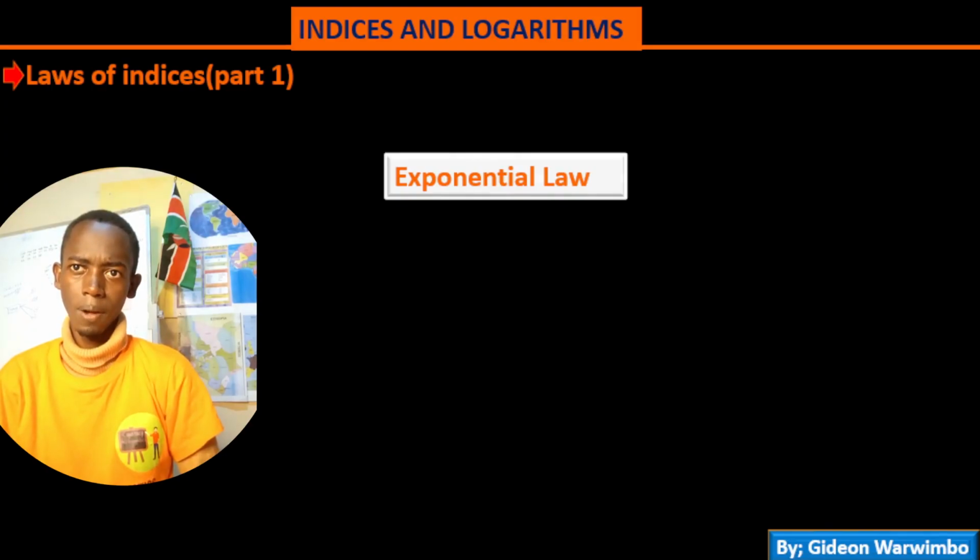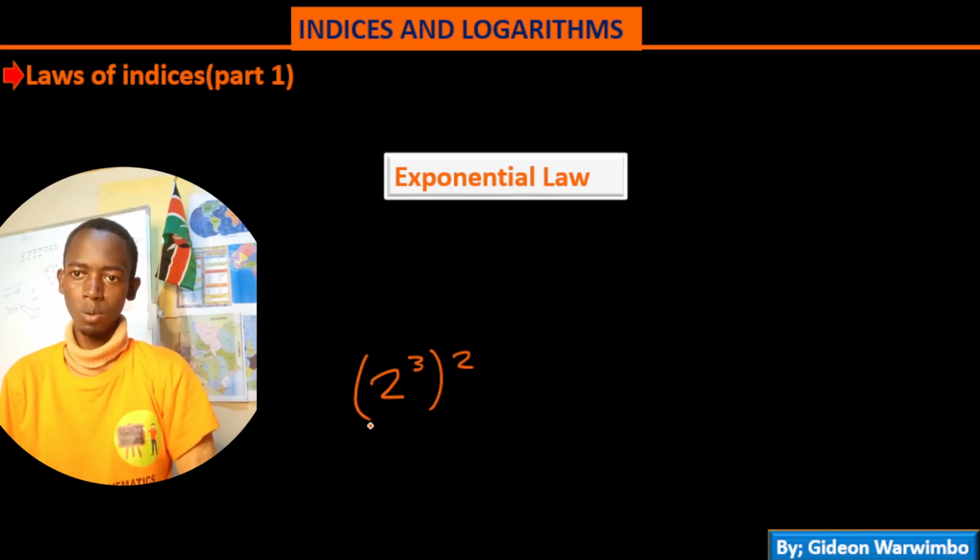For this one, you may not have full concept for it. That's why I would really want us to do it together right here. So when you have something like, take an example of 2, raised to power 3, and then again this one is raised to another power like 2, what this would imply is that we have 2 to power 3 and then that one is multiplied by itself again, that is 2 to power 3.